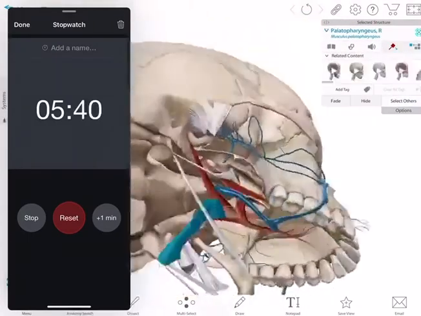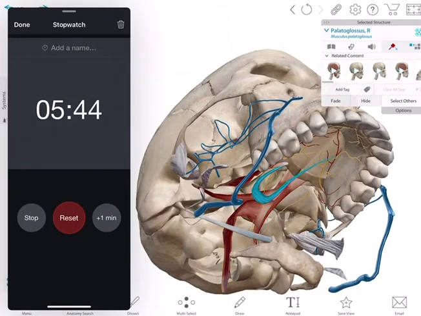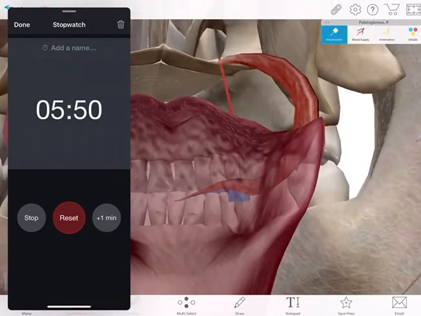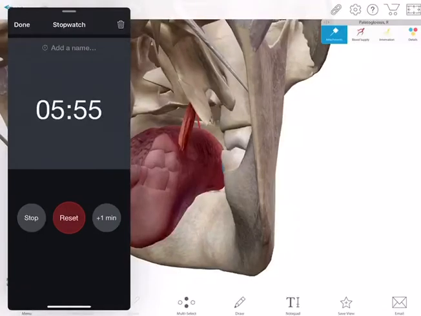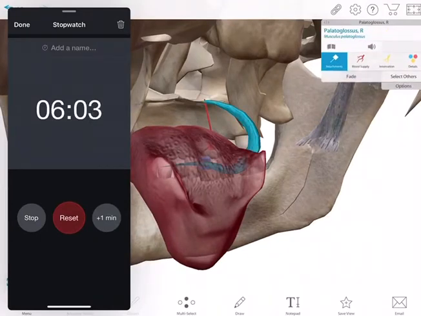Now let's talk about the fourth muscle, the palatoglossus muscle. The palatoglossus muscle takes origin from the inferior surface of the palatine aponeurosis. It is inserted into the lateral margin of the tongue. See how it comes into the tongue? This is our muscle.